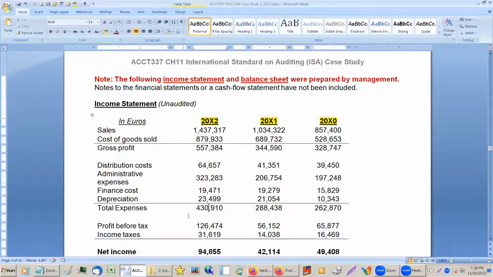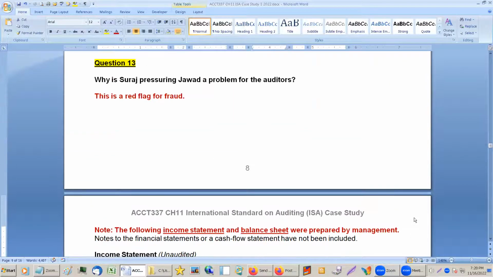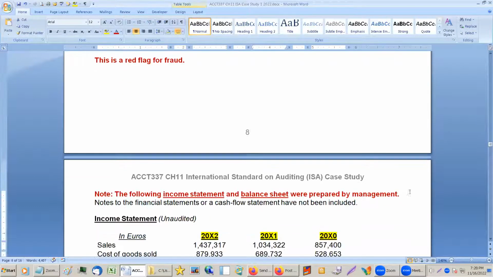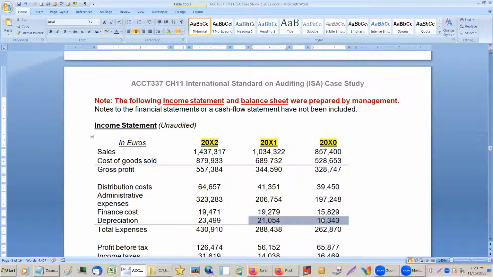Oh, hey guys, look at this. Remember, oh, what was his name? Jawad, remember he came in 2 years ago? Look at the depreciation costs.